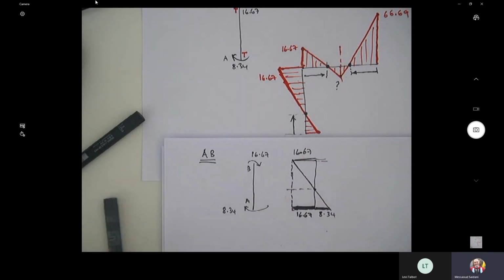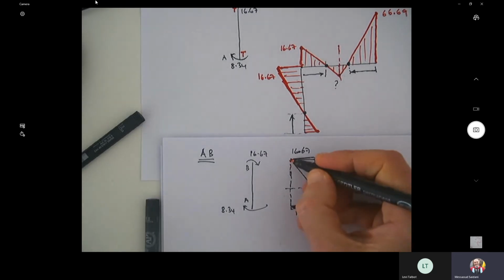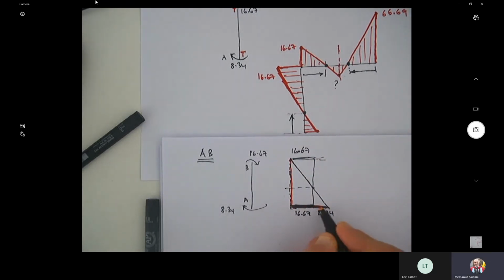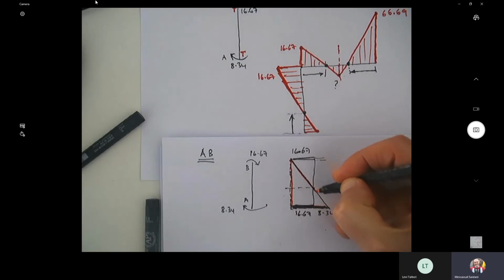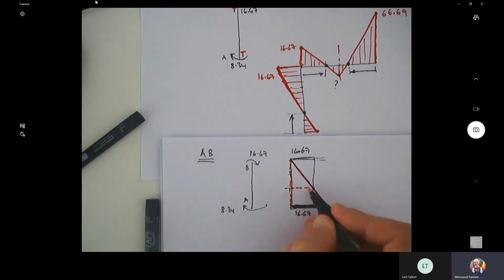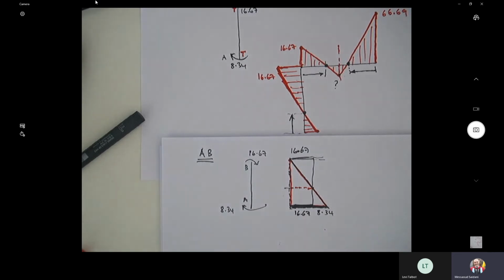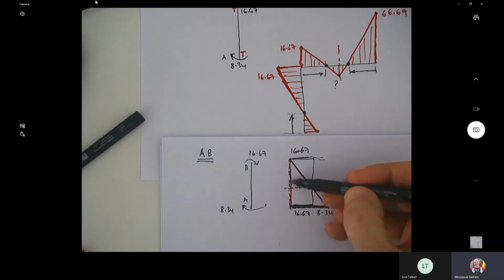Focus on this triangle here. Can you see that triangle? Similar triangles we have. This triangle here, can you see this triangle? This triangle is similar to this triangle.